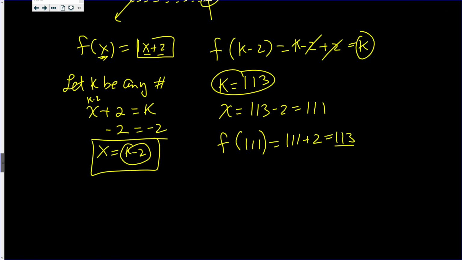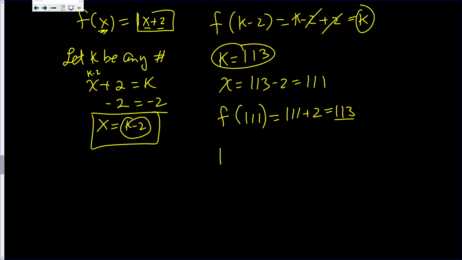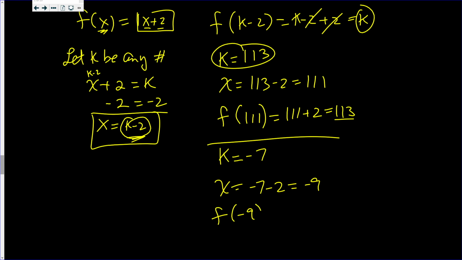Any number you want. If you want to get back negative 7, let x be 2 less. Negative 7 minus 2 is negative 9. Let's see if I'm right. F of negative 9 is that number plus 2. Oh my goodness. I did get back negative 7. And there is no restriction on k.